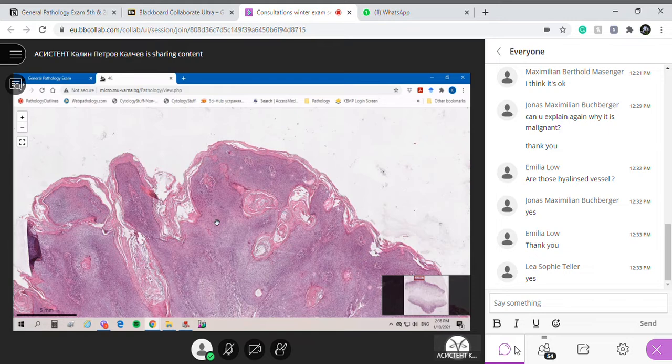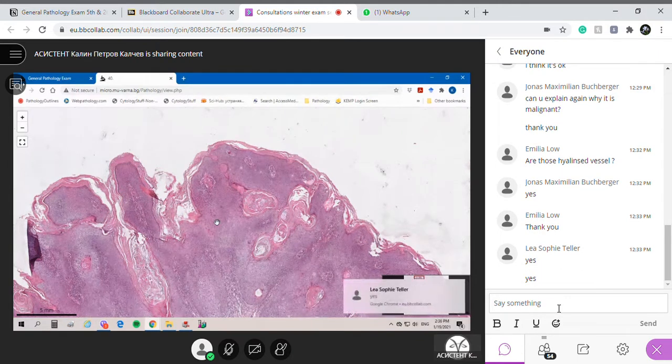When we have a tissue atypia only, without nuclear and cellular atypia, then we define these tumors as benign tumors. So both in benign and malignant tumors, we have tissue atypia. But nuclear and cellular atypia is only for malignant tumors. We usually don't find atypical cells in benign tumors. Is that clear?